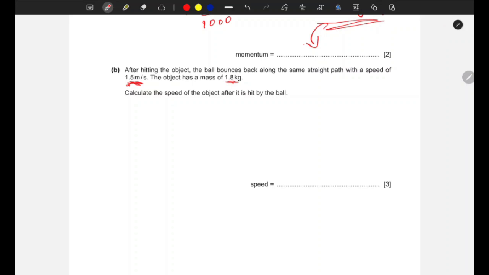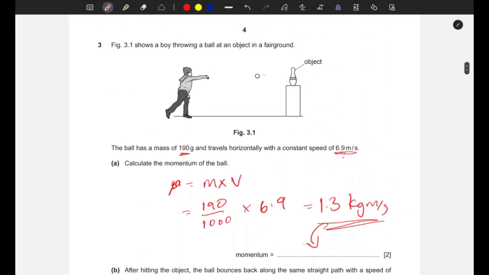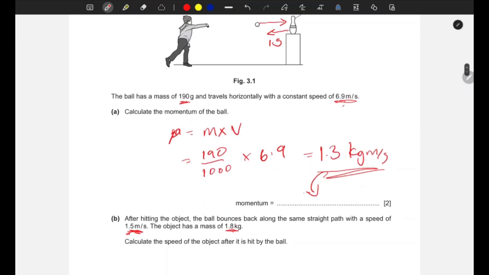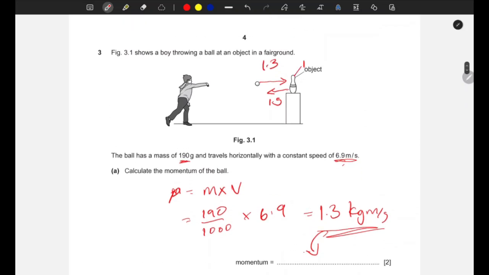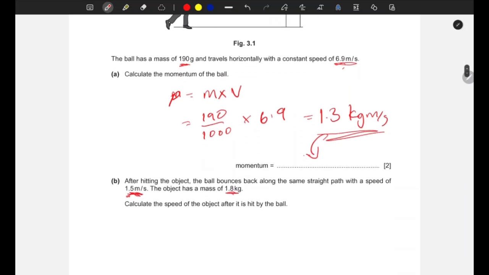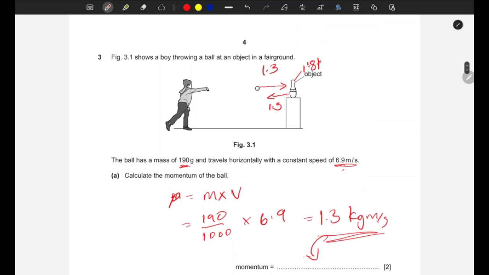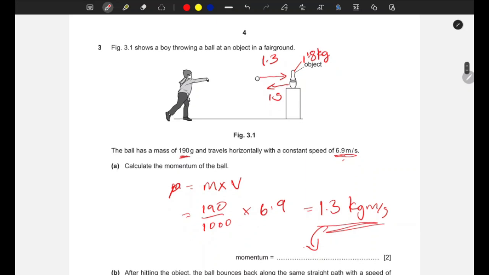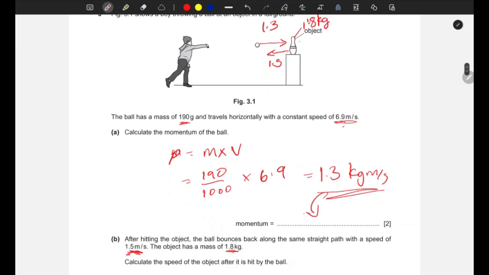So what they're telling us in this question is the ball hits the object, and when the ball was hitting the object, the momentum was 1.3, and then the ball, after hitting the object, goes back with a speed of 1.5. And then this object is going to be 1.8 kilograms. Now we're told to find the speed of this object.